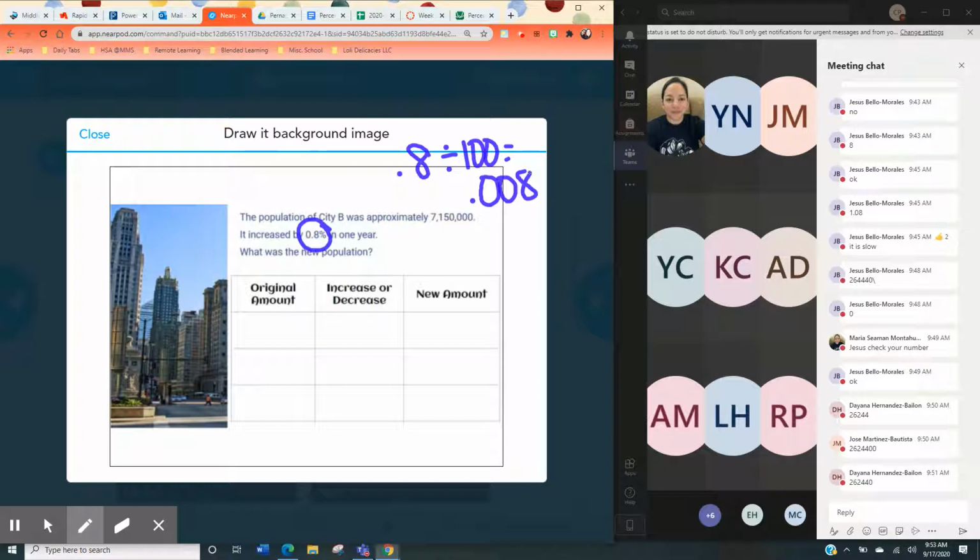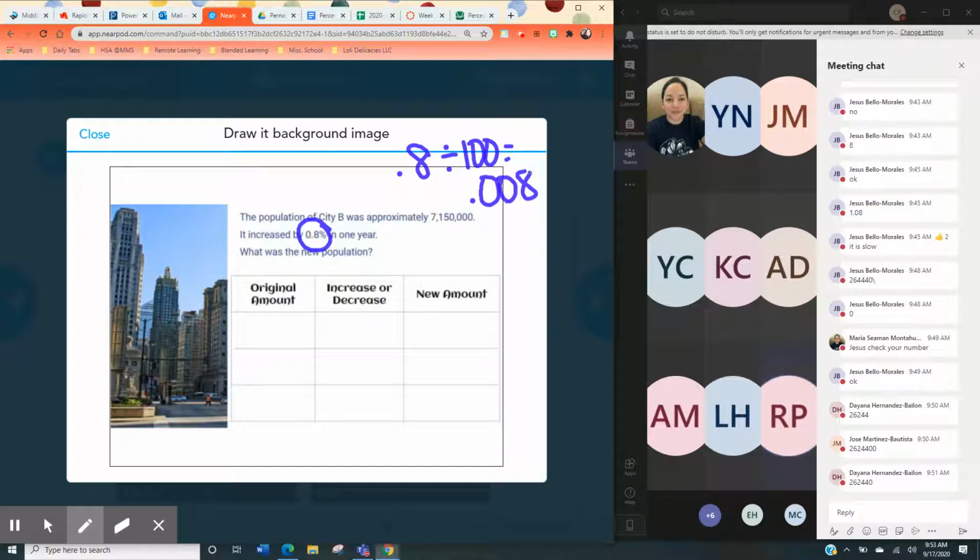So make sure to keep that in mind. So now yes, to find the decimal, you divide. To find the percent, you multiply. But that was a good question.